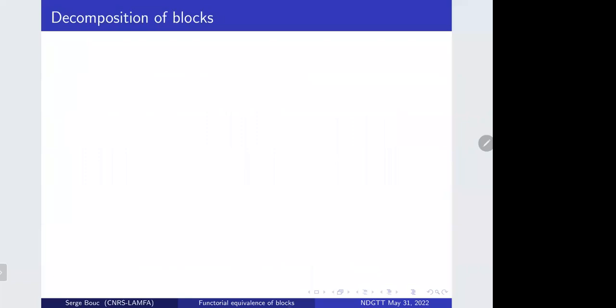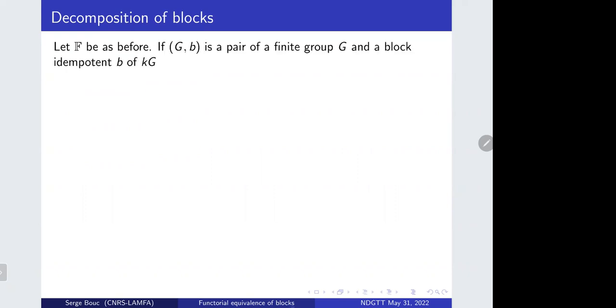Okay, now let me come back to the case where R is this field F of characteristic 0. We have this functor associated to a pair consisting of a finite group and a block of kG. Then we know also that in that case, this category of functors is semisimple.